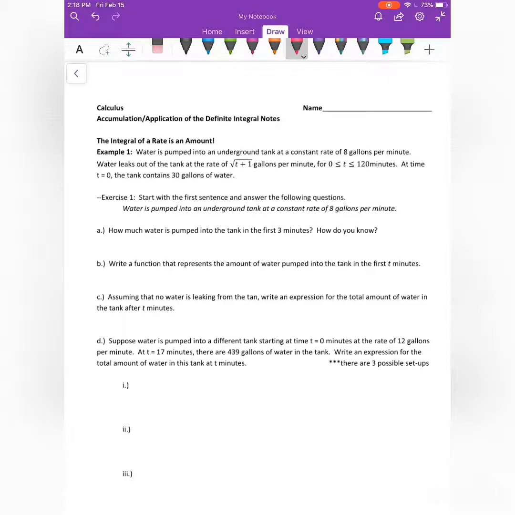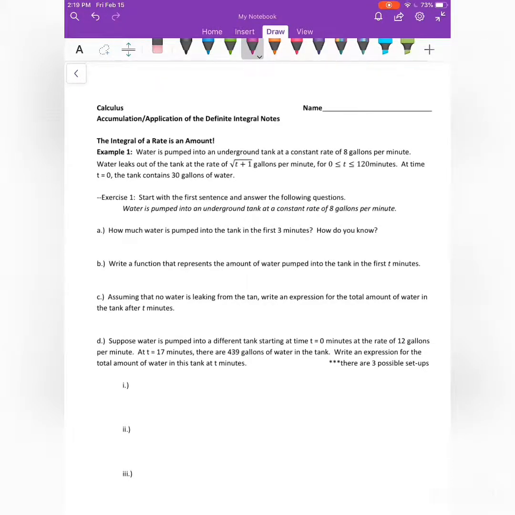So we're going to start with just the fact that water is being pumped into the tank at a constant rate of 8 gallons per minute. That's really the rate they give us. So it says how much water is pumped into the tank in the first 3 minutes. Well, this is an easier calculus problem because it doesn't change. It's constant.